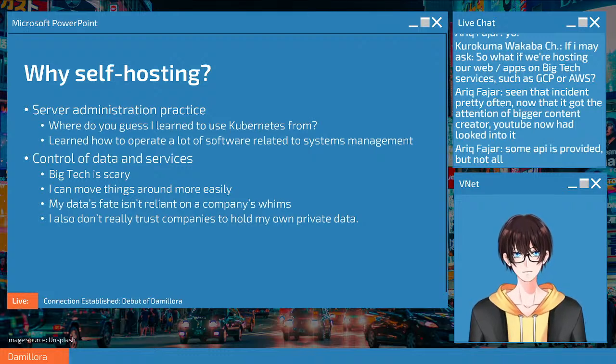Some API is provided, but not all. Yeah, and they are usually rate limited. Yeah, I understand that because malicious use exists. Malicious use does exist, but if I hold my own data, it won't be a problem because I can just access it directly.